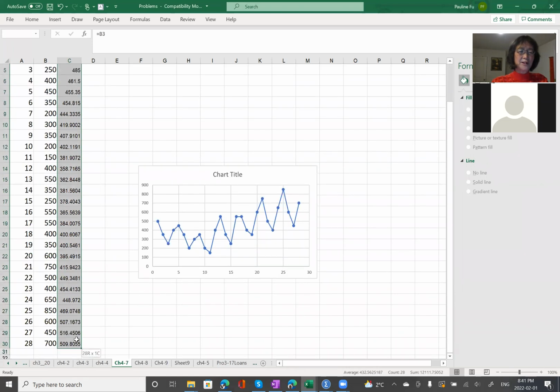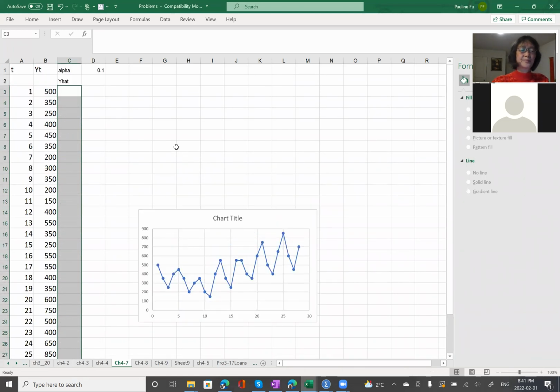So I'm going to delete all of this. Remember this is Y1 hat. Y1 hat, by definition, is just Y1. This is Y2 hat equal to Y1.